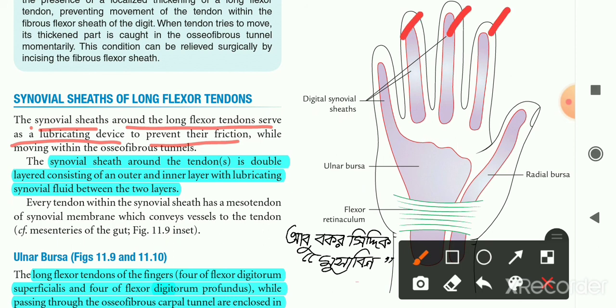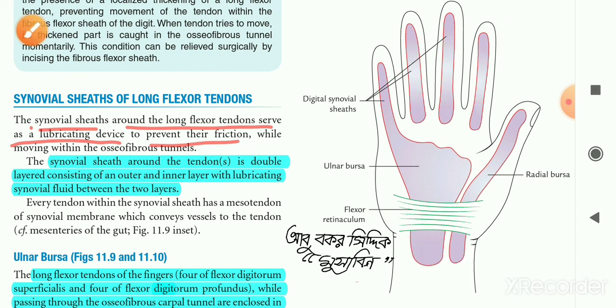Because if any infection accidentally occurs in these 3 fingers during pricking of the skin, the infection will be limited up to this synovial sheath, that means up to the base of the metacarpal bone. It will not extend into the further area.